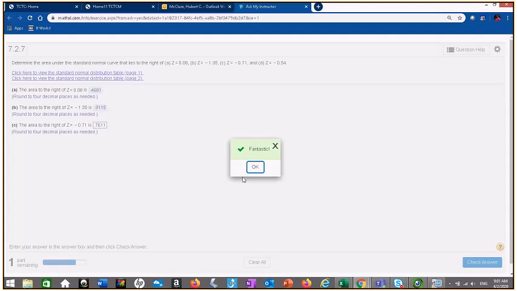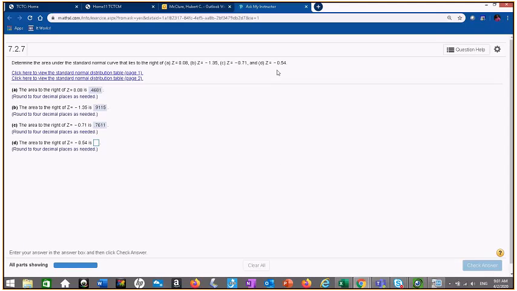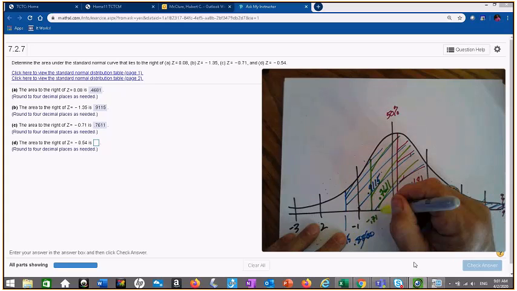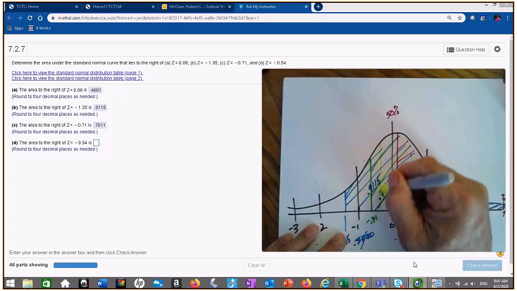And the last, negative 0.54. Good gracious. All these on one little graph. I'll do that in yellow. 0.54 is going to be right there.